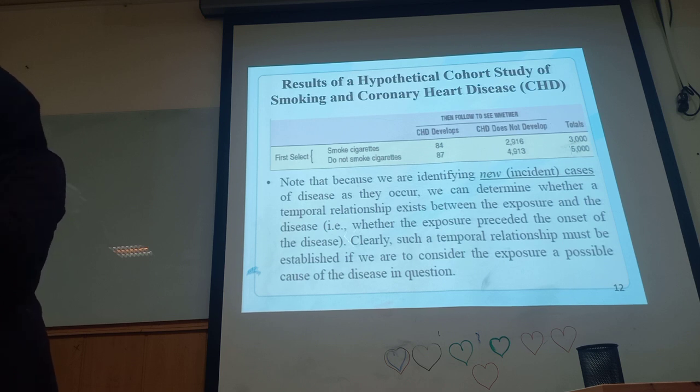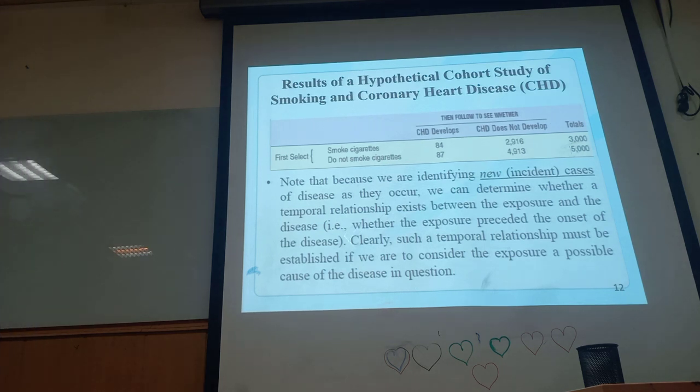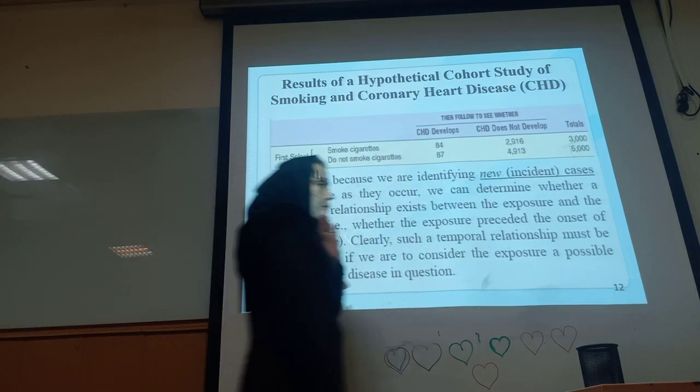To find if it is a cause or it has just association, correlation, you should find some clues of causality. We will review this in this course, and at the final sessions, we will review the evidence of causality. Because the final and ultimate goal of epidemiology is to find the reason behind some diseases. Okay?